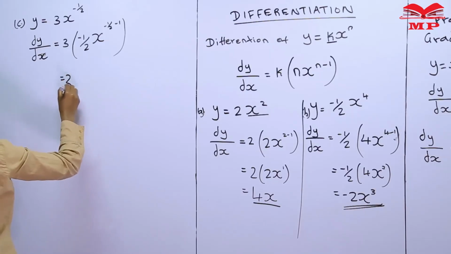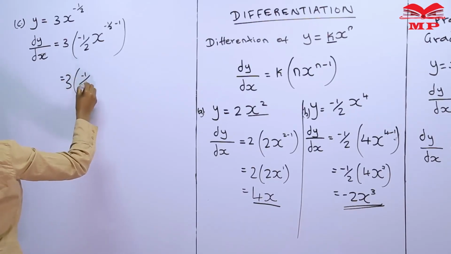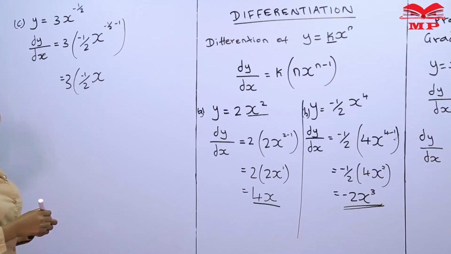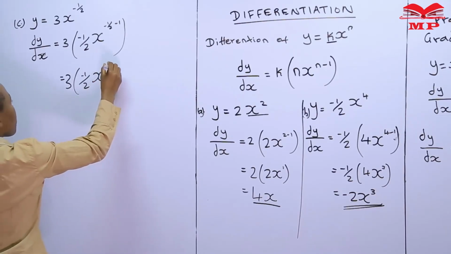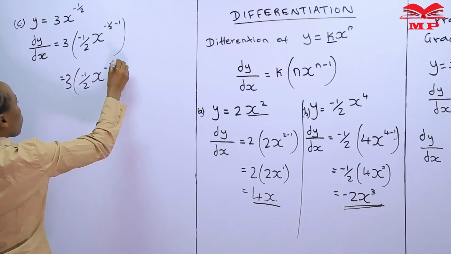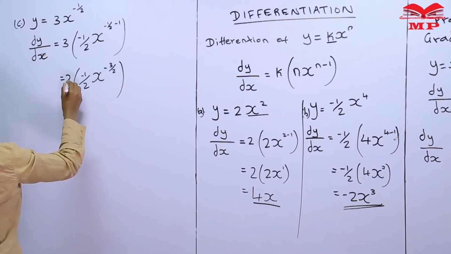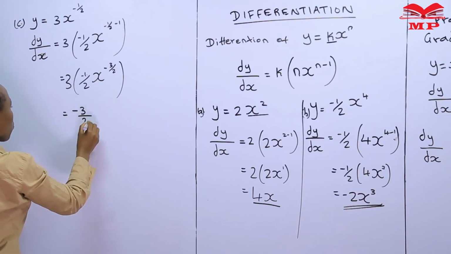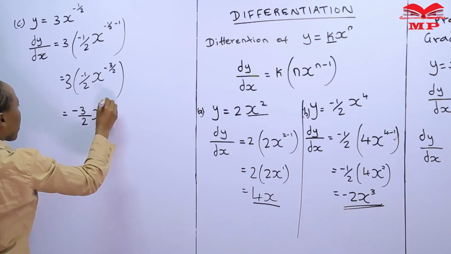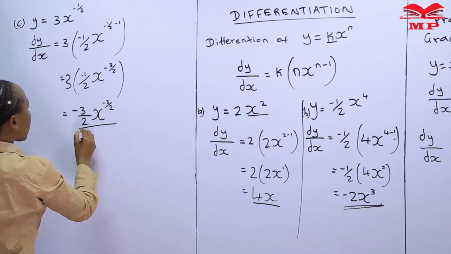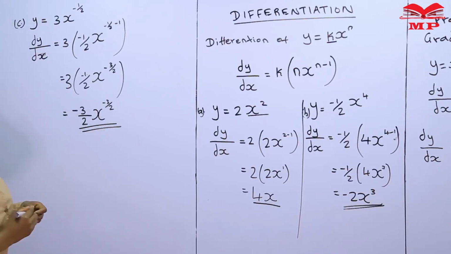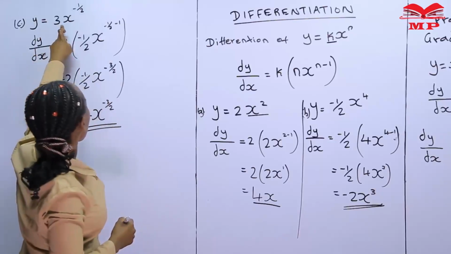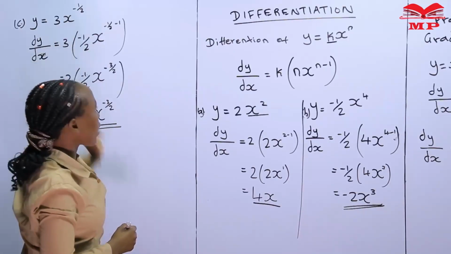So we have 3 times negative a half x raised to power negative a half minus 1. That will be negative 1.5, which is the same as negative 3 over 2. And therefore, when we multiply this by this, we get negative 3 over 2 x raised to power negative 3 over 2. And that will be the derivative of the equation y is equal to 3x raised to power negative a half.